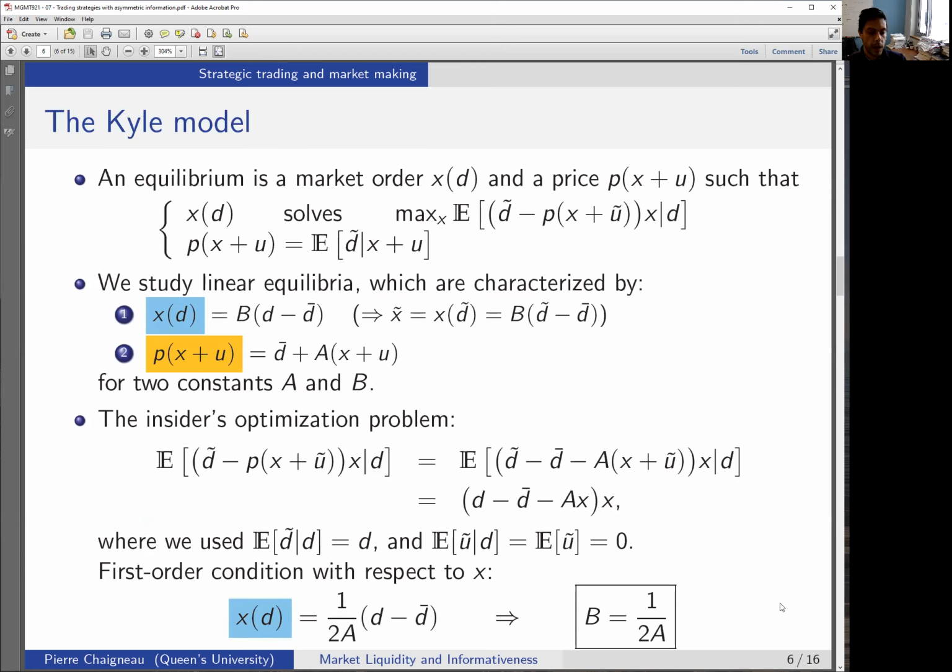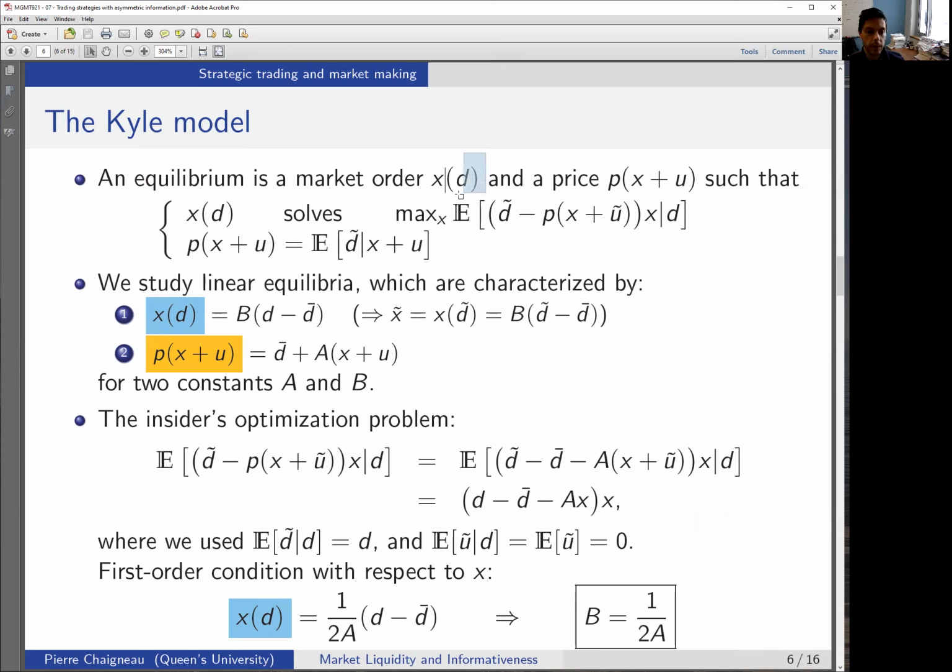All right, so how does this work in the model? To solve for the equilibrium, an equilibrium is a combination of two things. There's the market order, the quantity that the only optimizing agent who is trading, the insider, is going to trade.